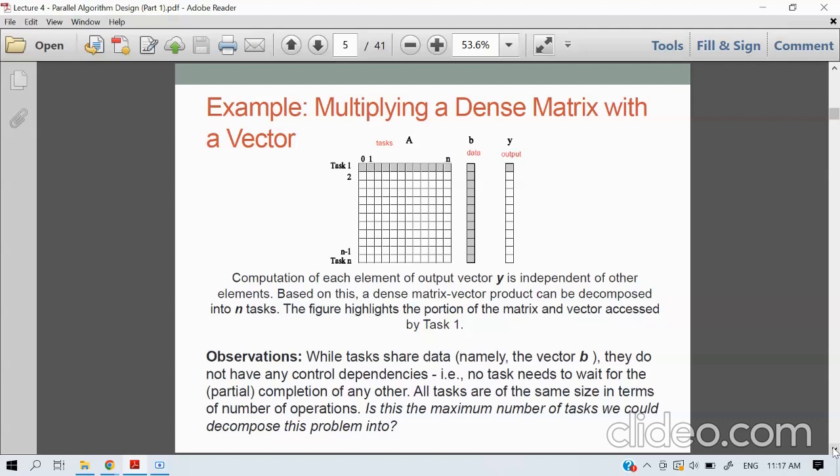As you can see, the computation of each element of output vector Y is independent of the other elements. Y is independent; it does not depend on A or B. Based on this, a dense matrix vector product can be decomposed into n tasks because Y is independent. So we can decompose this process into several tasks, in this case n tasks. We don't know how many tasks we can decompose it into.